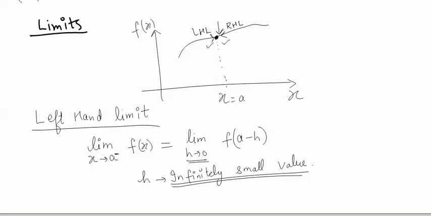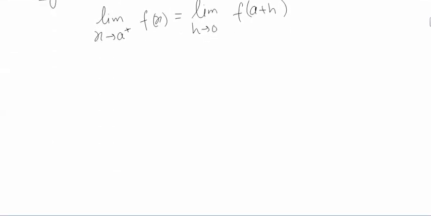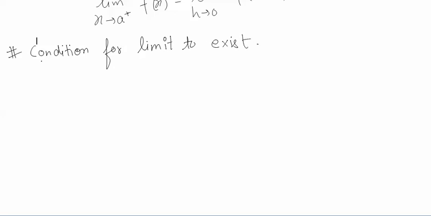So if the right hand limit is equal to the left hand limit, we'll say this is the condition for the limit to exist: your LHL, the left hand limit, should be equal to your RHL, the right hand limit.